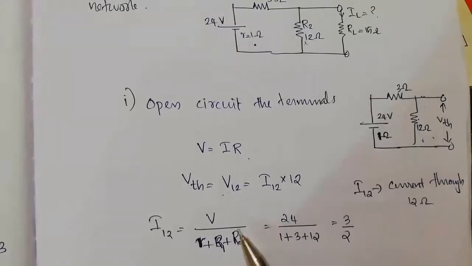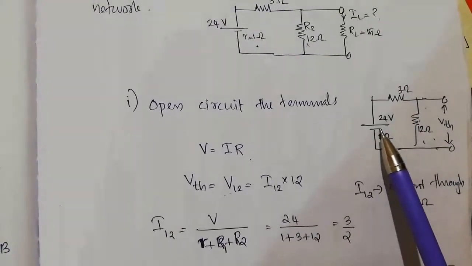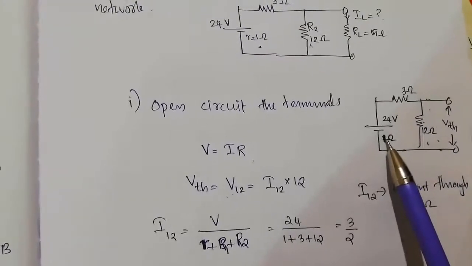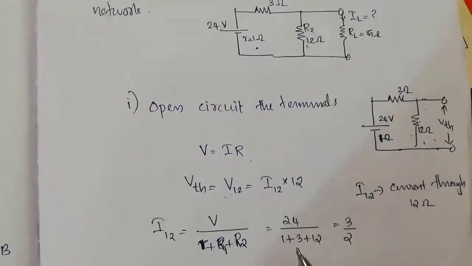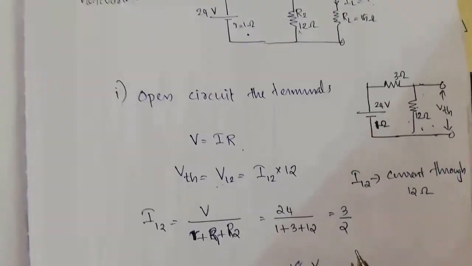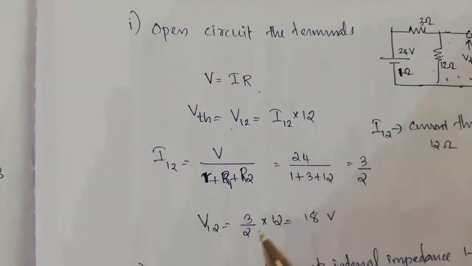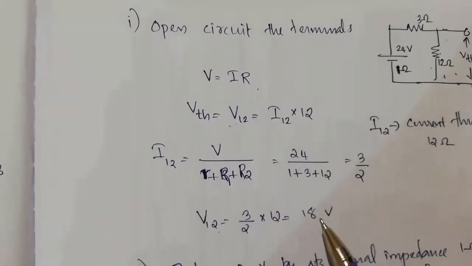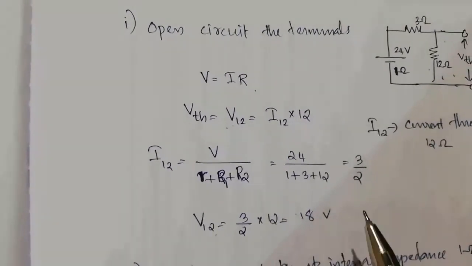I12 is equal to voltage divided by the effective resistance, that is 1 ohm plus 3 ohm plus 12 ohm. That is 24 by 16, that's equal to 3 by 2. Now V12 is equal to 3 by 2 into 12, that is 18 volts. So we got the VTH, Thevenin's voltage, 18 volt.